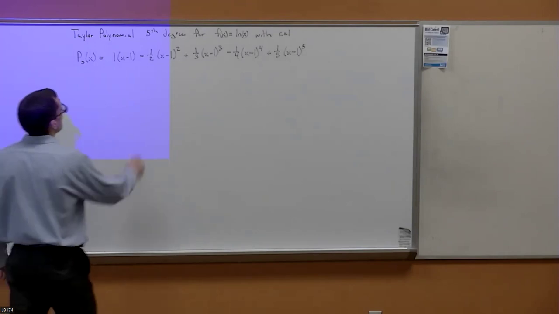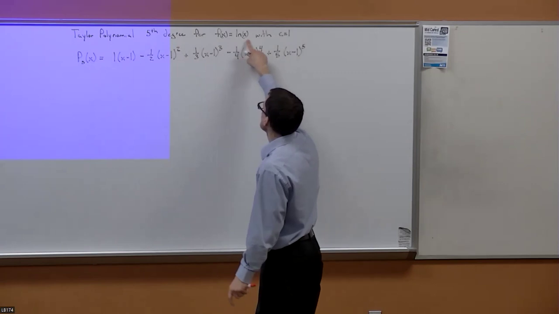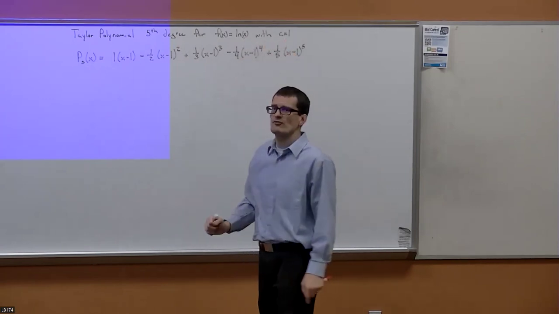Previously, we found a Taylor polynomial for natural log of x with center of 1.